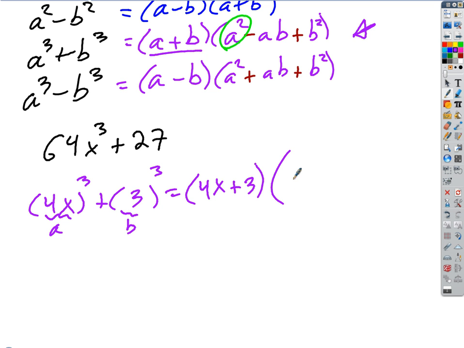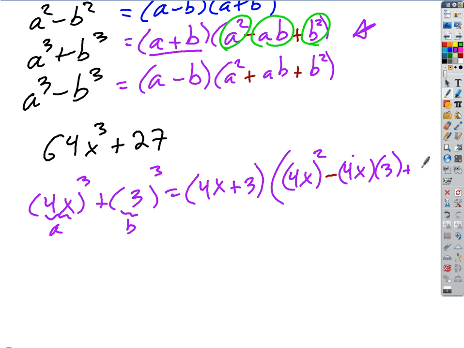And you got that because a is 4x, and we have to square the whole thing, right? a is the whole 4x, and we got to square a. Minus a times b, what's that going to look like? Plus b squared, which is just 3 squared.